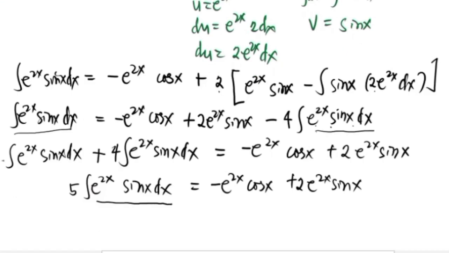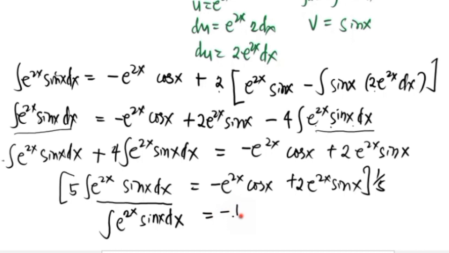Since yung problem natin is e to the 2x sine x dx, what we are going to do is to divide everything by 5. So, that would give us the left side of the equation. Makakancel na si 5 dyan. E to the 2x sine x dx is equal to, multiply lang tayo ng 1 over 5.